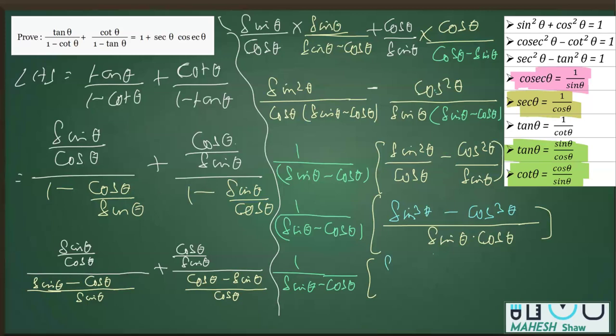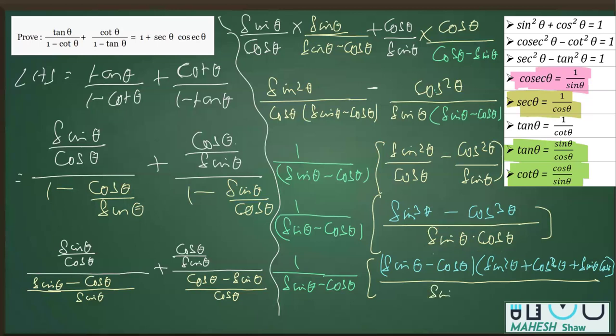A cube minus b cube is a minus b times a square, that is sine square theta, plus b square, that is cos square theta, plus ab, that is plus sine theta into cos theta. The denominator here is sine into cos.